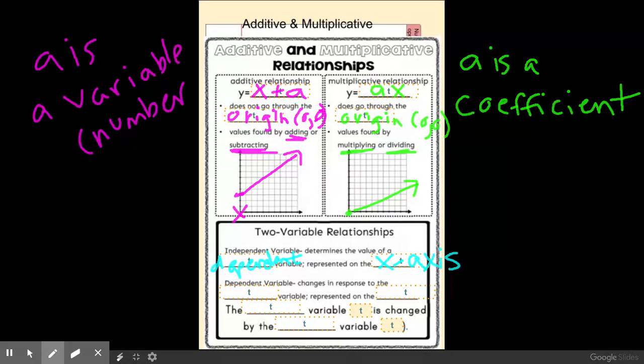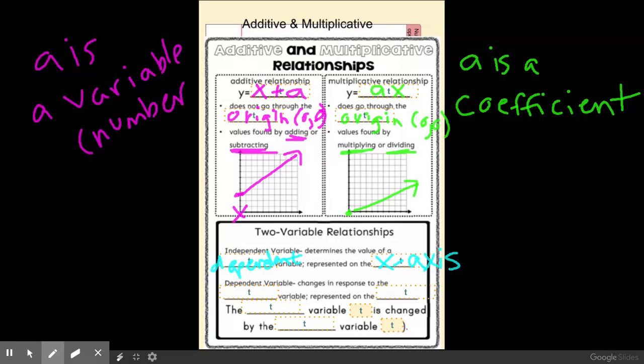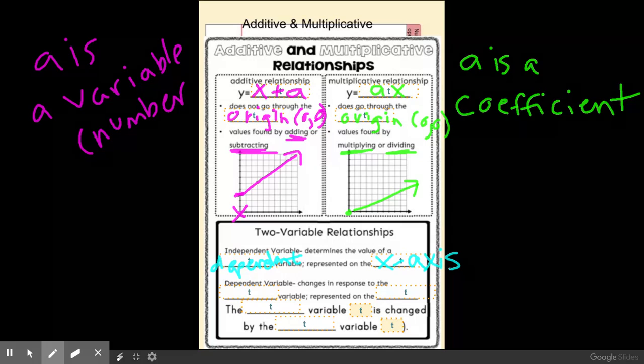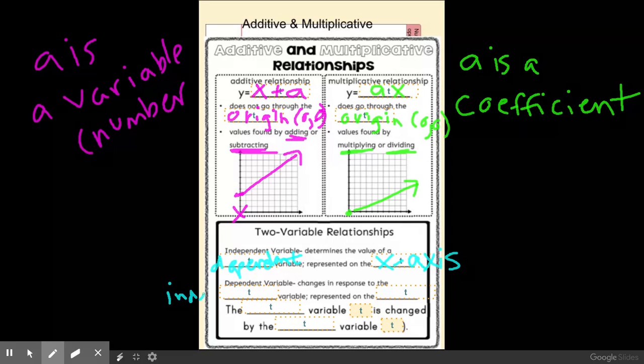So independent determines the value of a dependent and is always represented on the x-axis. Our dependent variable is a change in response to the independent, and it is always represented on the y-axis.